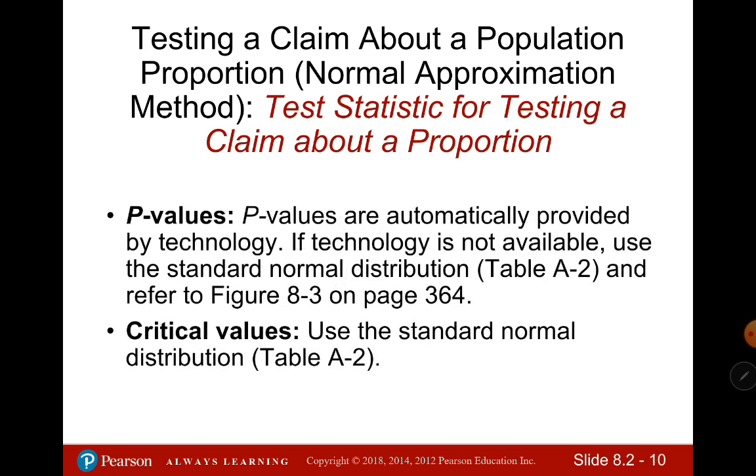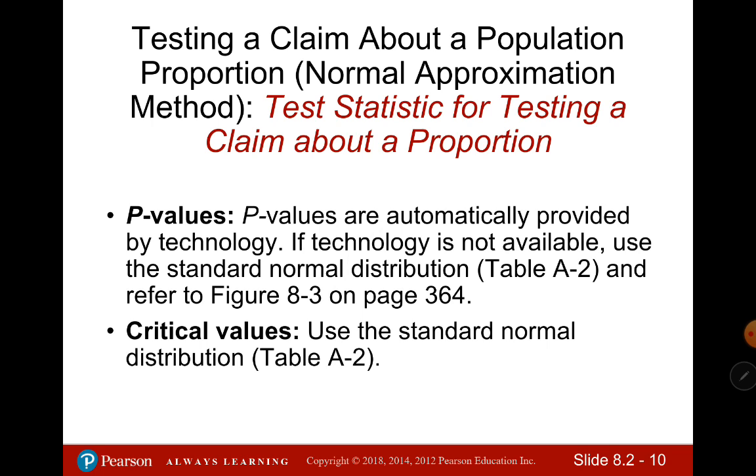Of course, after we get our test statistic z, we could use this z to find the p-value. This is called the p-value method. We use p-value to get to the conclusion. And we will compare the p-value to our significance level, alpha, then make our conclusion.